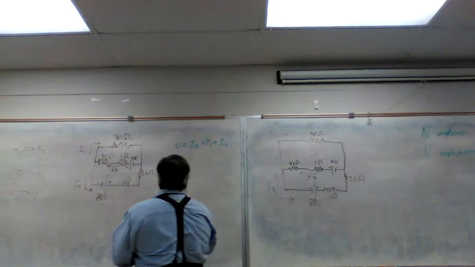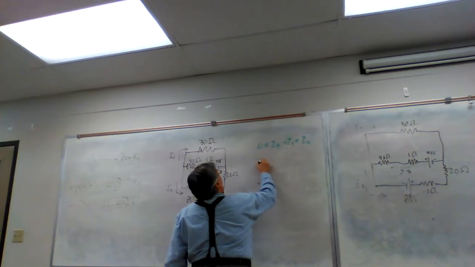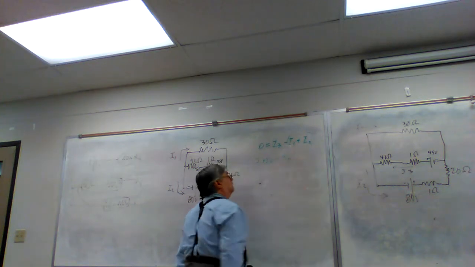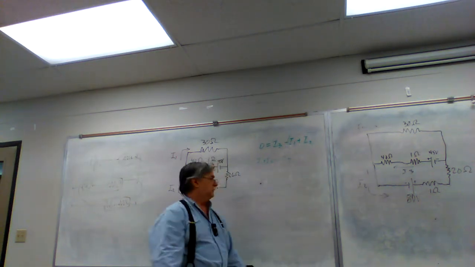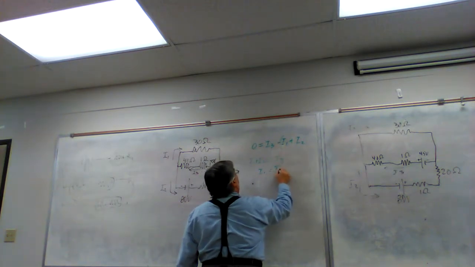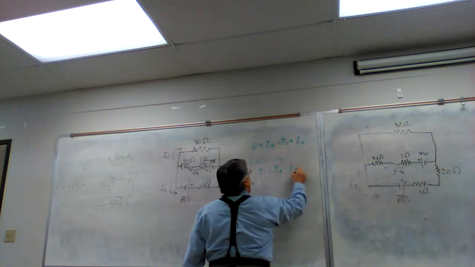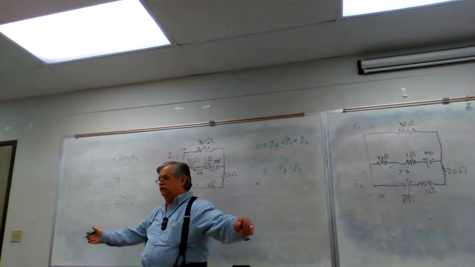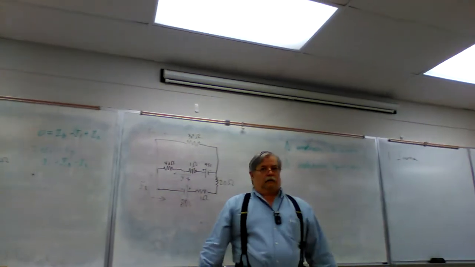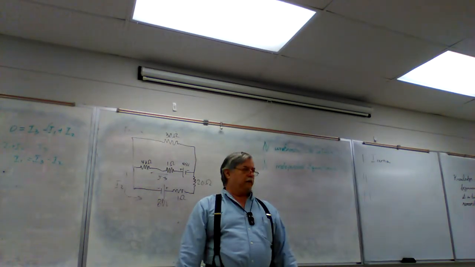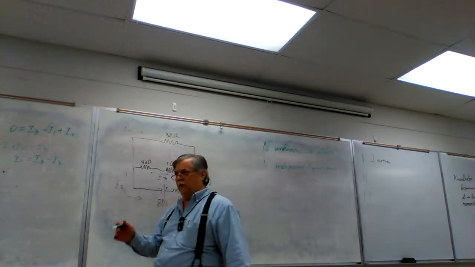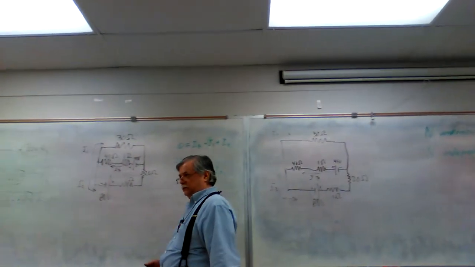We could also write this as I1 plus I2 equals I3. Well, that's the second equation. Or we could write I1 equals I3 minus I2. That's the third equation. 3 equations, 3 unknowns. Can we solve for any one of them? We cannot. These are not independent equations. What does that mean? What do I mean when I say an independent equation?